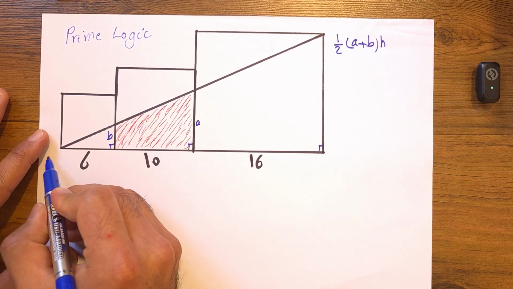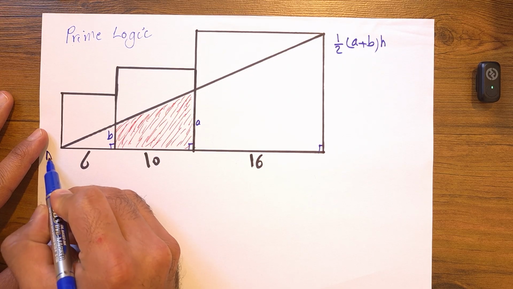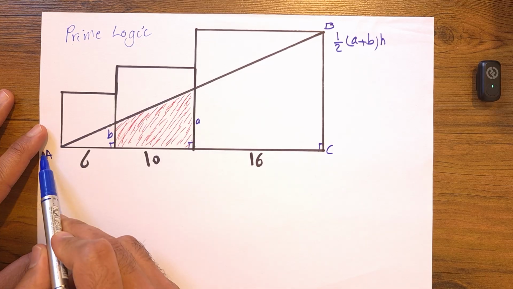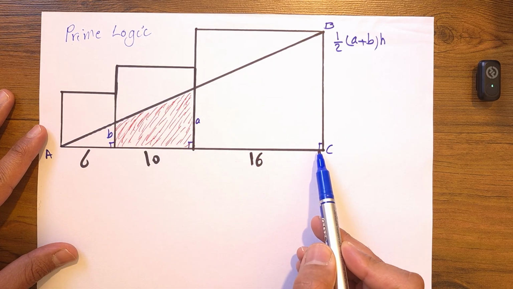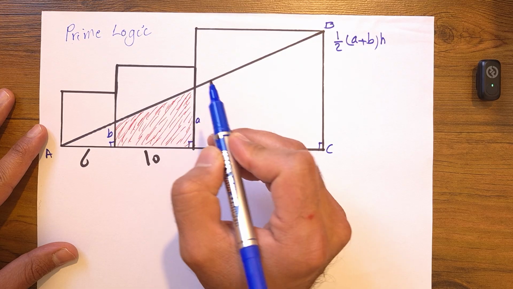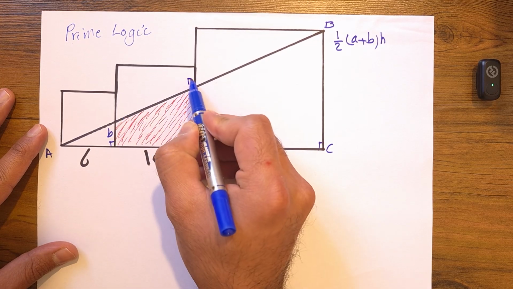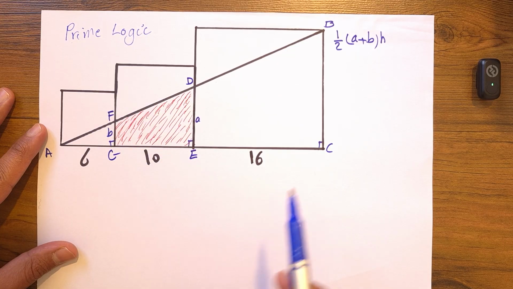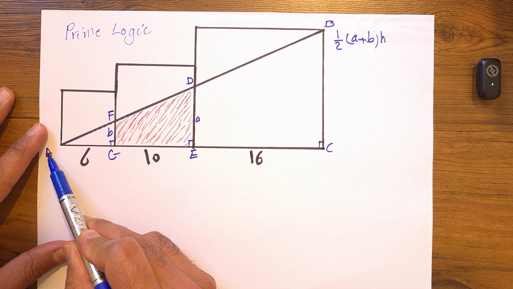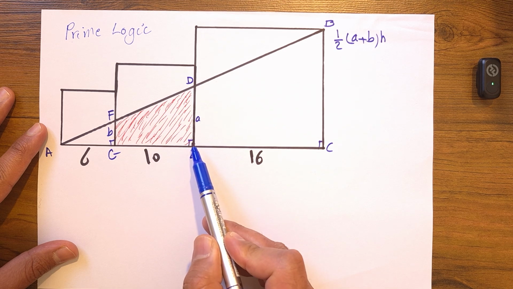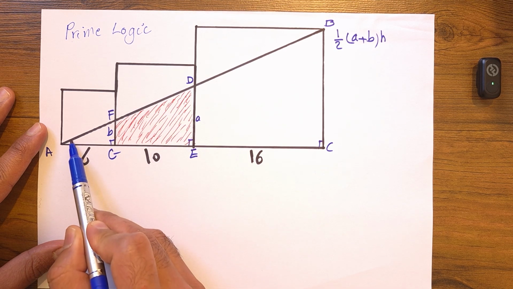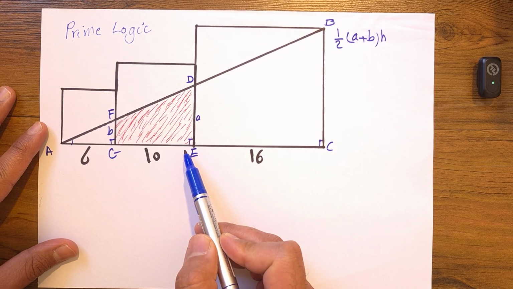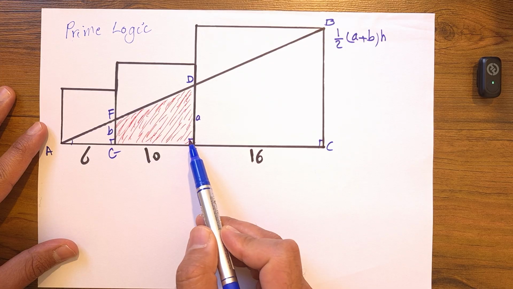So we have a big triangle. Let's name its vertices capital A, B, and C. This big triangle is a right triangle. Let's name the other points D, E, F, and G. Let's focus on triangle ADE. This triangle ADE shares this angle with the big triangle, and there is a right angle here, 90 degrees.